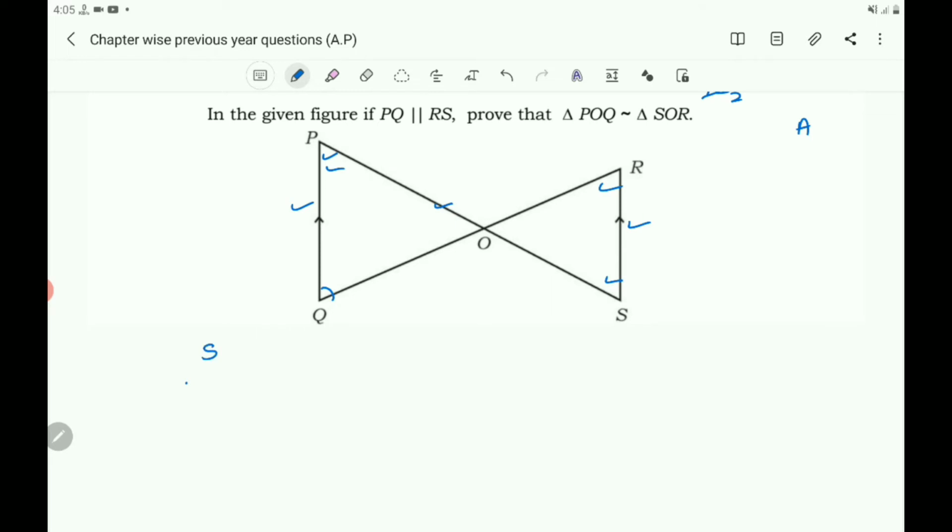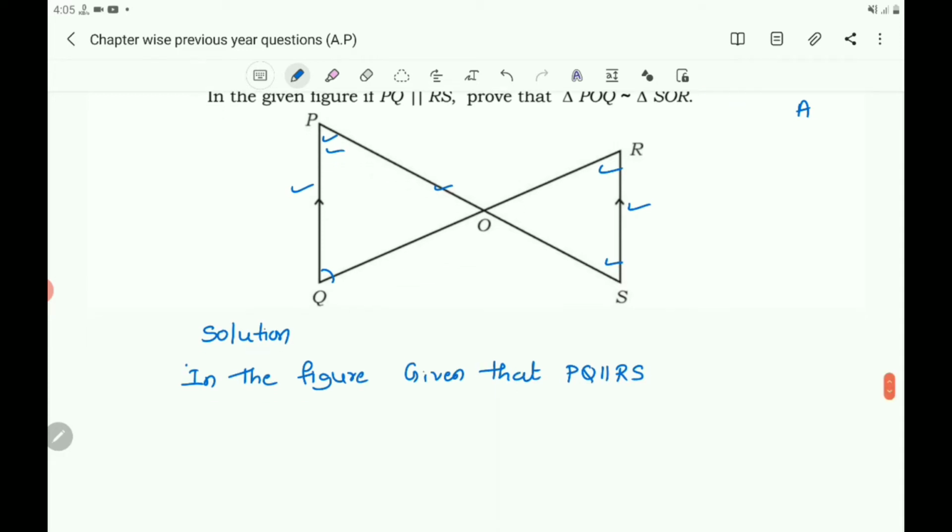Take here solution. In the figure, given that PQ parallel to RS, and write the names of the triangles POQ and ROS.